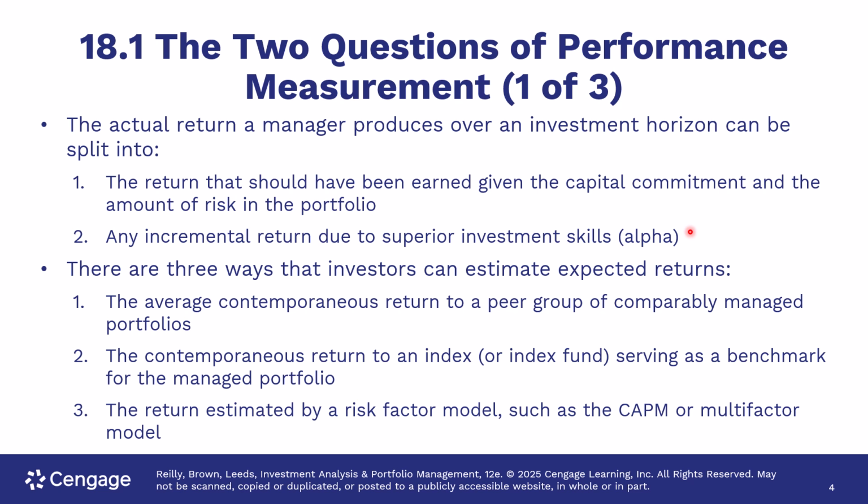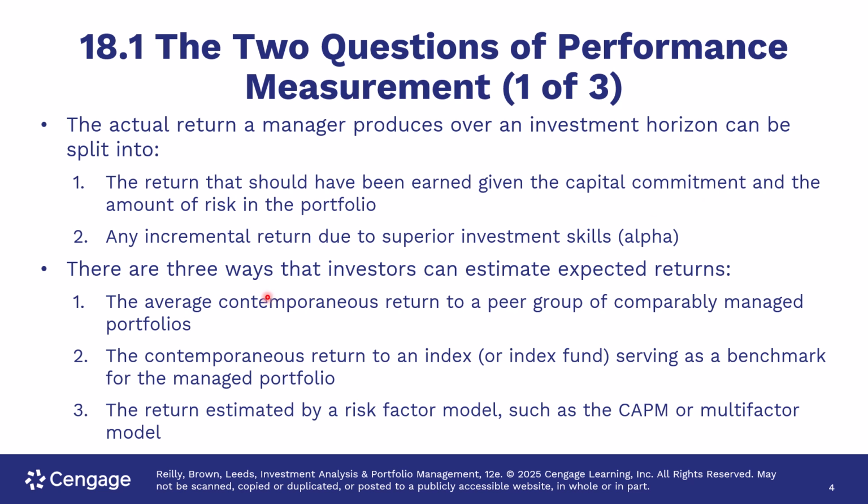So the actual return is these two things in total. Number 1 is the expected return given the risk level you took on, and 2 is the difference between actual return and expected. So if you take actual return and subtract expected return, you get alpha. Positive alphas rule, negative alphas possibly get you fired. Definitely investors will leave you. And we'll talk about what that means in a little bit.